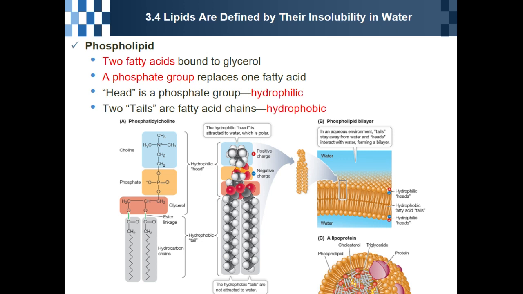So that's why it can make the bilayer like this. This is 1 layer, and this is the other layer. The heads meet the water. The hydrophobic regions combine with each other. There will be lots of hydrophobic interaction happening.